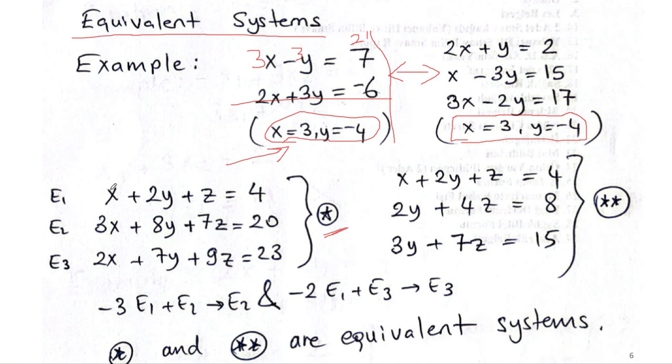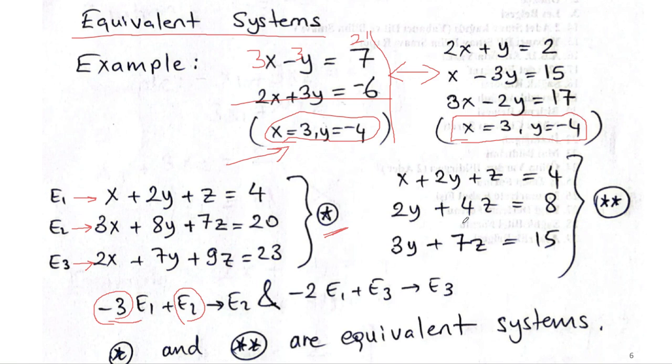And actually, for these three equations, three unknowns system, we can do some operations. Representing the first equation by E1, the second equation by E2, and the third equation by E3. So if we do this operation, multiply the first equation by -3 and then add it to the second equation, and we can assign this sum to the second equation.